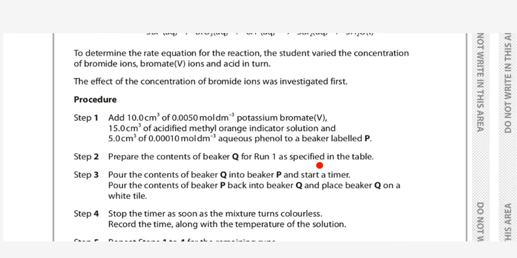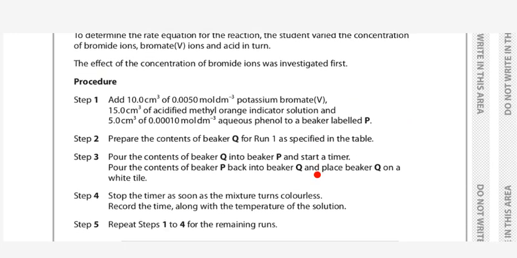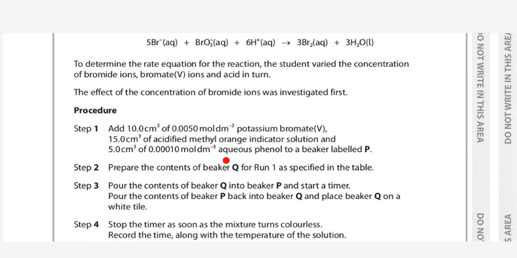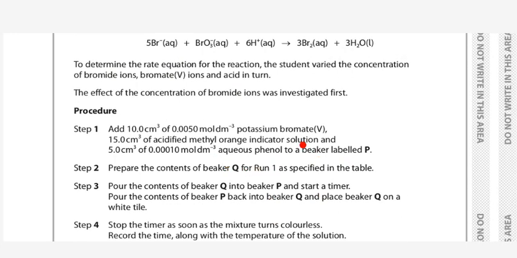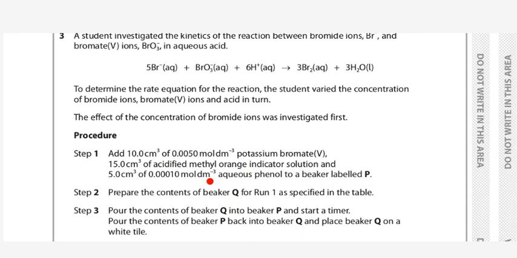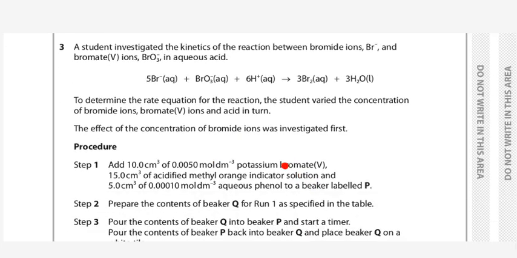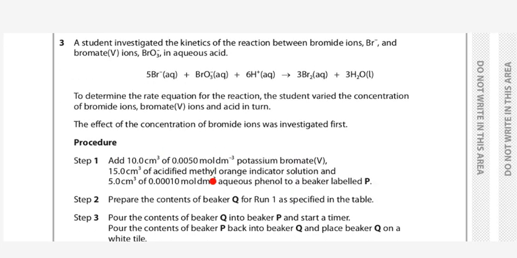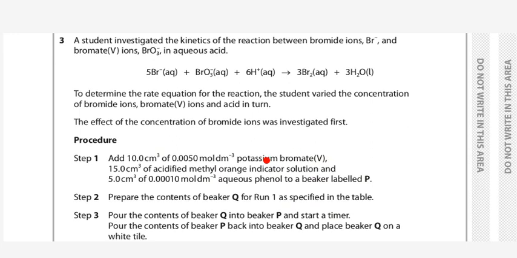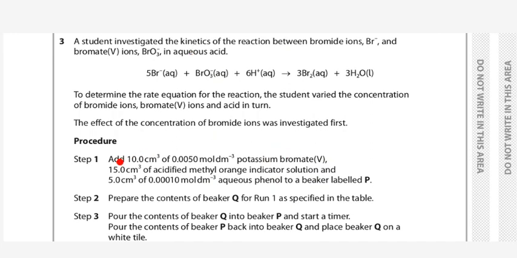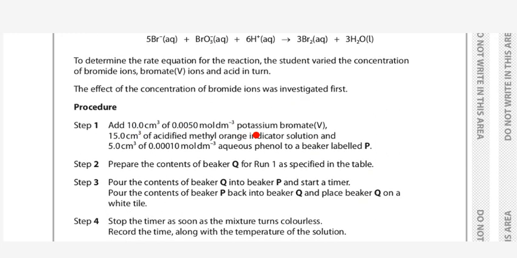Pour the contents of beaker Q into beaker P and start the timer. What is Q? P contains phenol, potassium bromate and acidified methyl orange indicator.